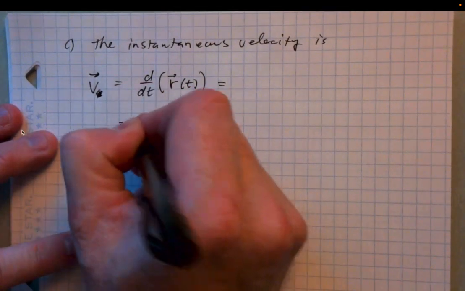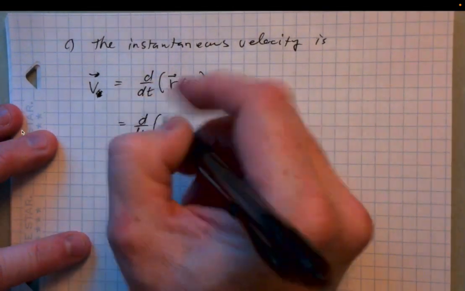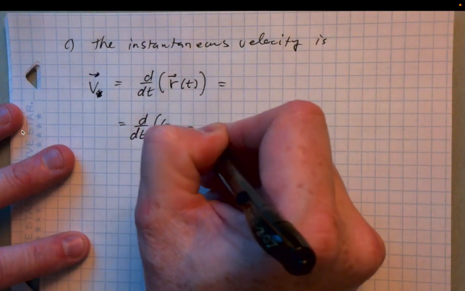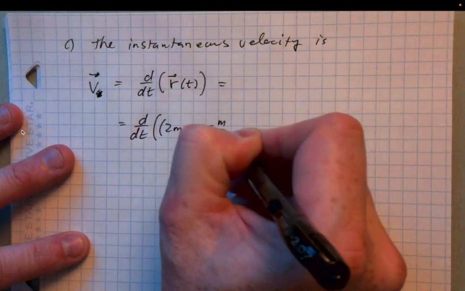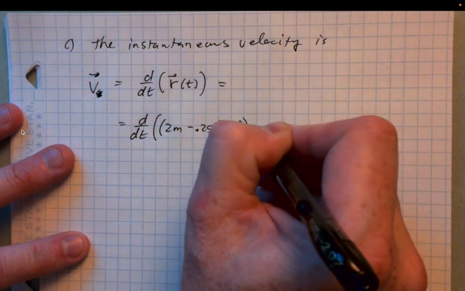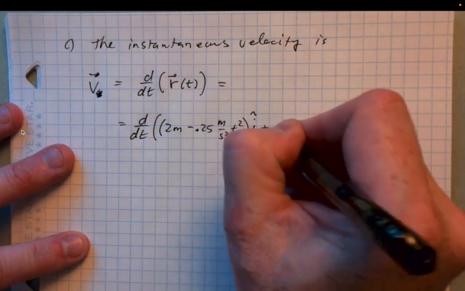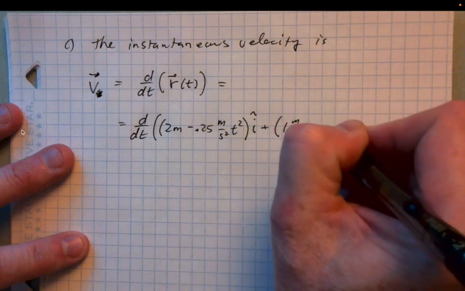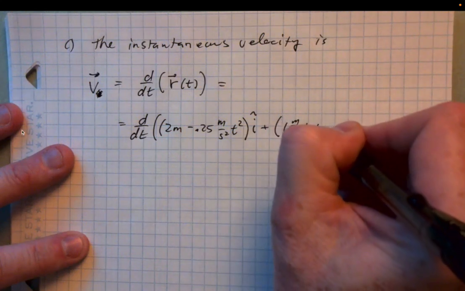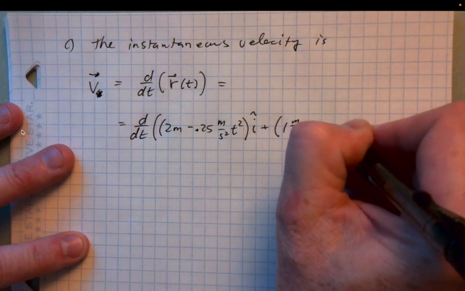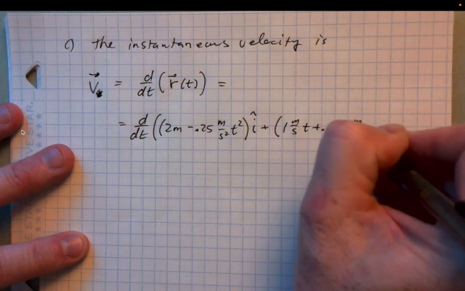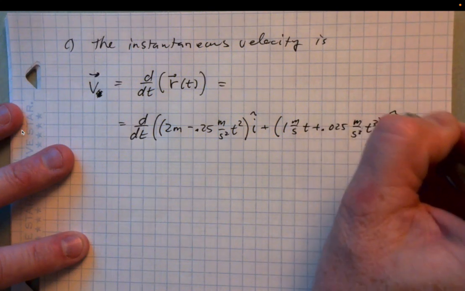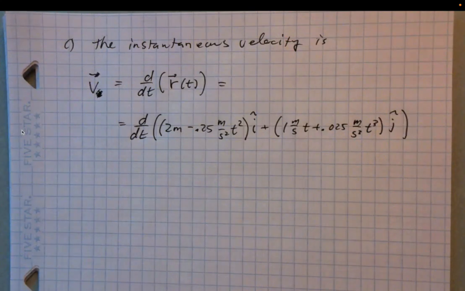All right, so that's going to be d/dt of the position vector: 2 meters minus 0.25 meters per second squared t squared i hat plus 1 meter per second times t plus 0.025 meters per second cubed t cubed j. Okay, so I've got the derivative there.